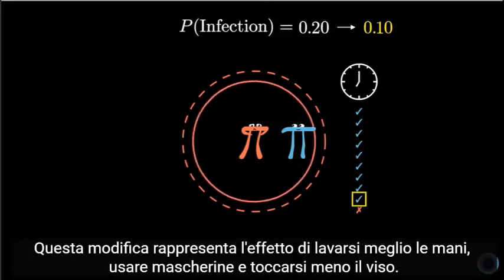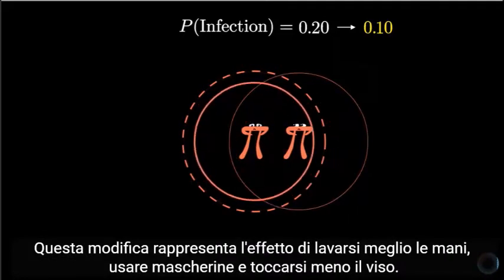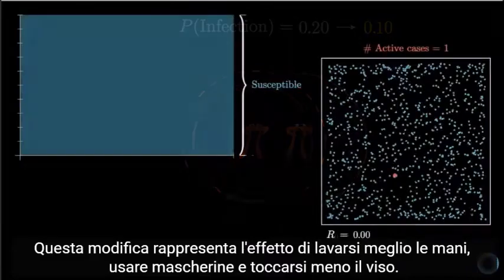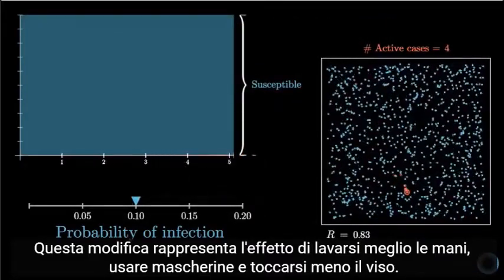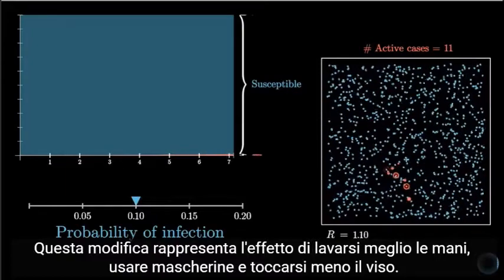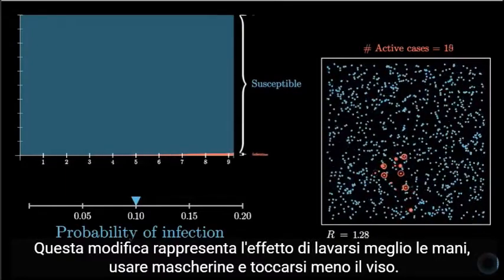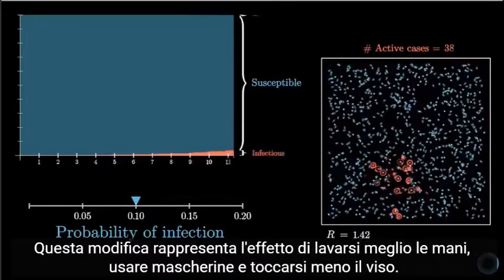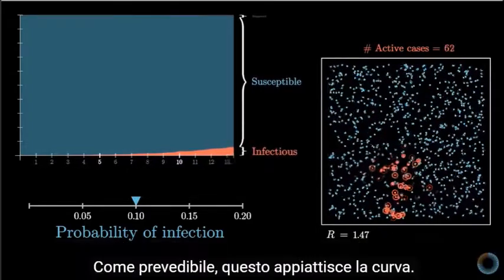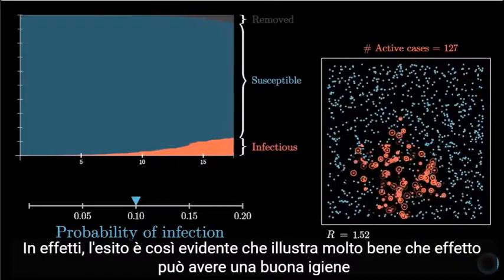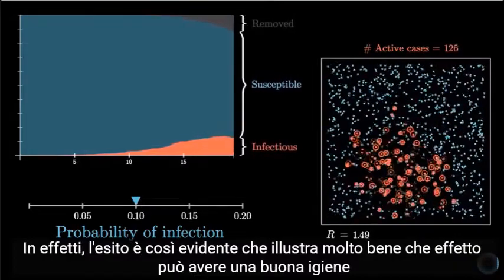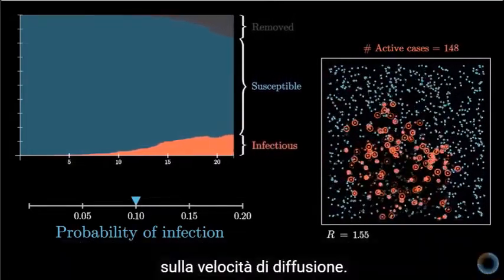You might think of this as better hand washing, better cough protection, and less face touching. As you might expect, it spreads out the curve. In fact, it does this by quite a lot, which really illustrates how changes to hygiene have very large effects on the rate of spreading.